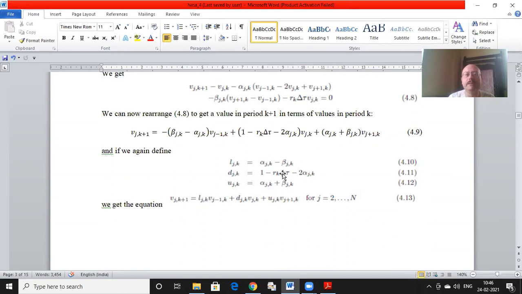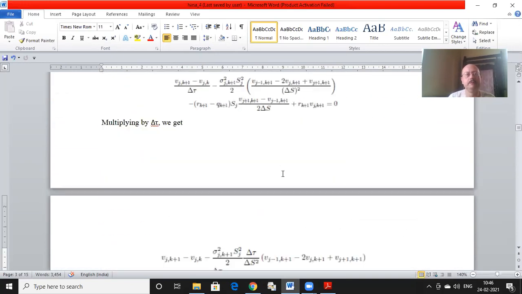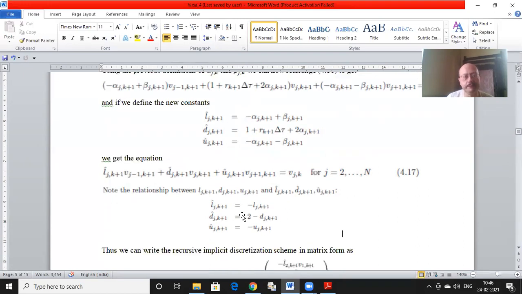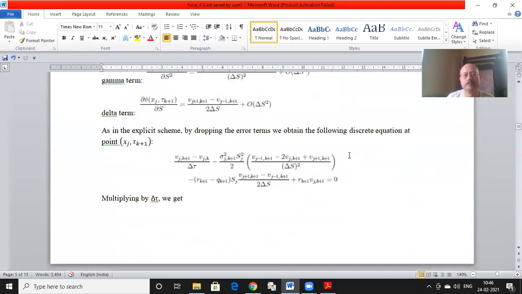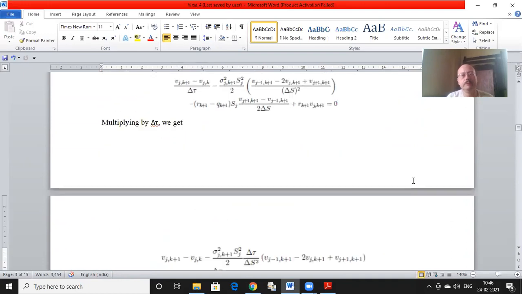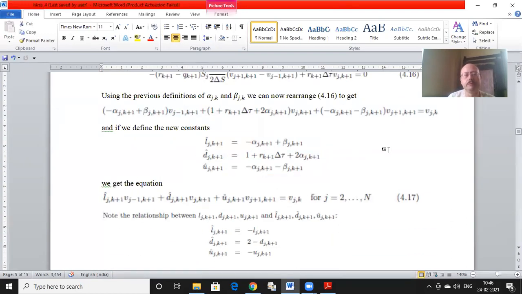So if we keep these three in mind, we have the new L hat, D hat, and U hat coefficients for the implicit discretization, and these are related. You can check that L hat is just minus L, D hat is 2 minus D, and U hat is minus U. So I'm just relating 4.10, 4.11, 4.12 with this new system for the implicit one. They look very similar, and of course they are related.